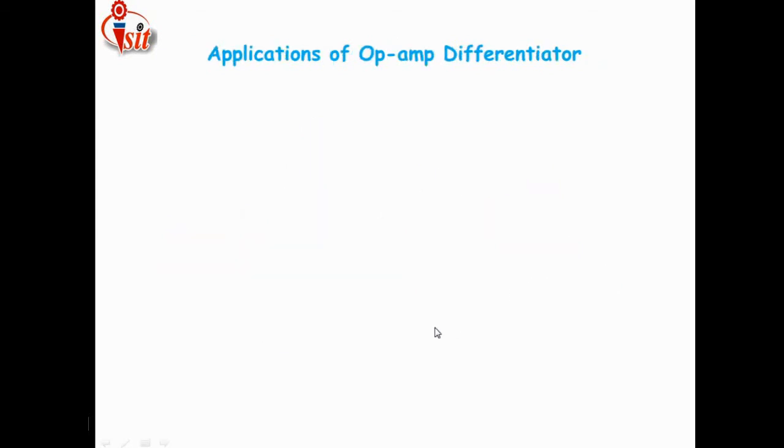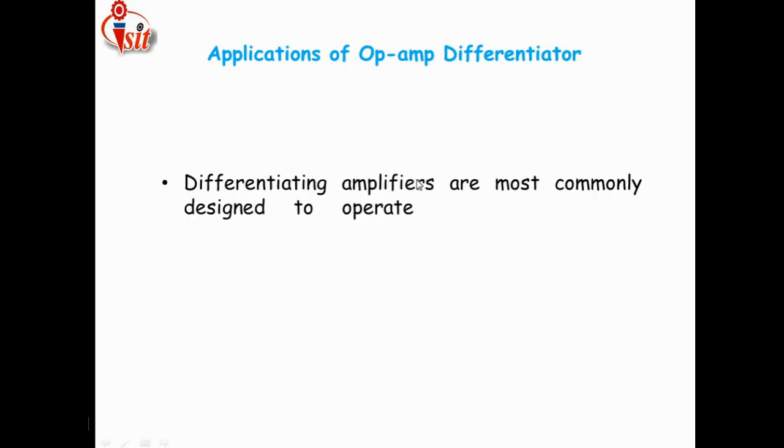Then along with that we studied the implementation of the differentiator amplifier. All these things related to the differentiator amplifier we studied. And the last but not least part of this lecture is the application of the op-amp differentiator. What are the applications of the op-amp differentiator?